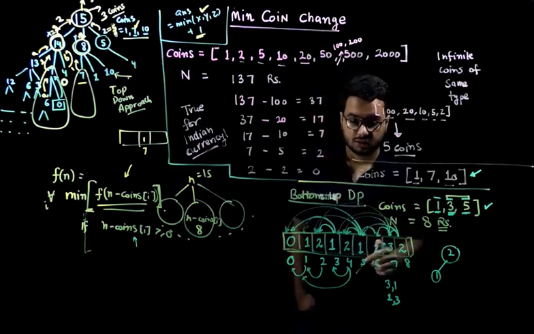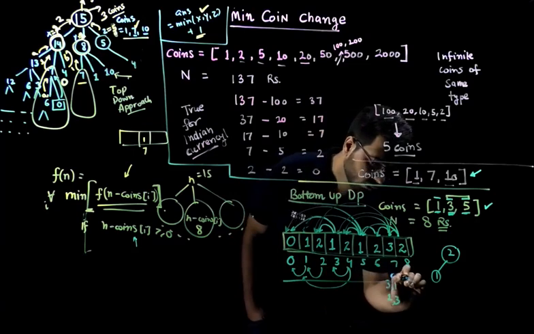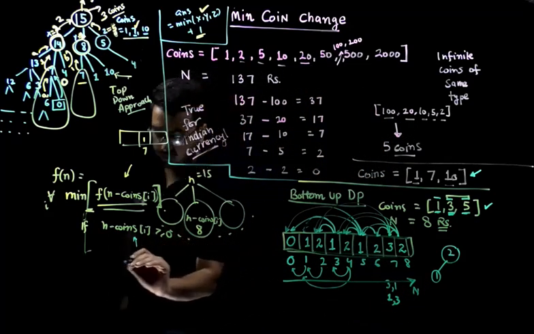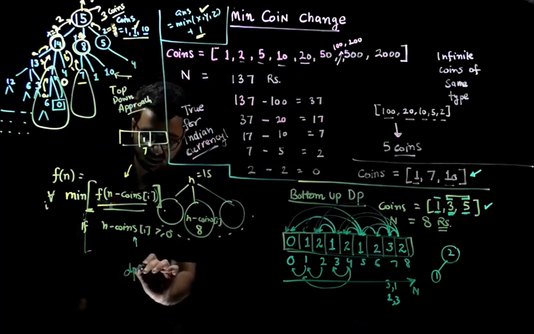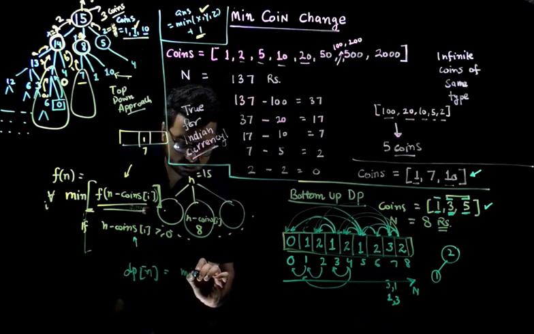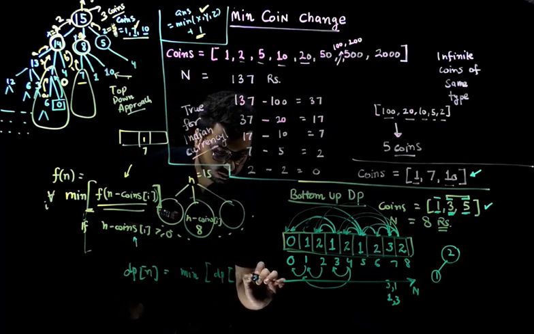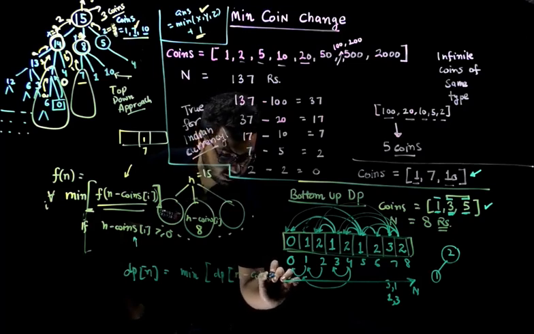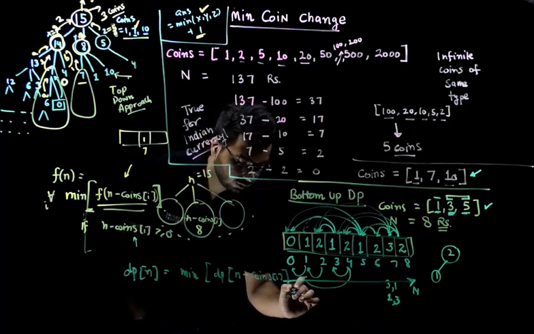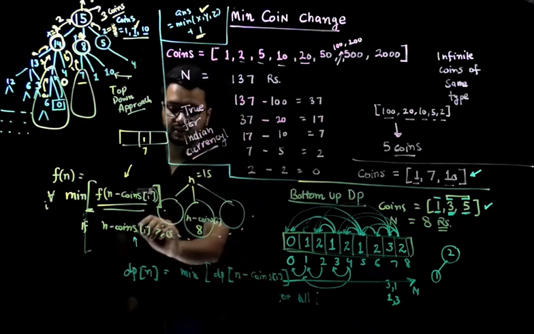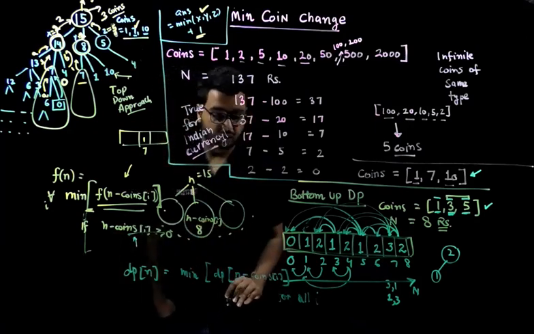You can see that you need to compute DP of n, and DP of n that we have already seen can be written as minimum of DP of n minus coins of i for all i, provided this condition is also satisfied.